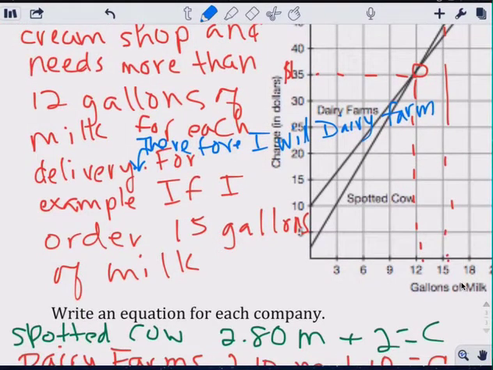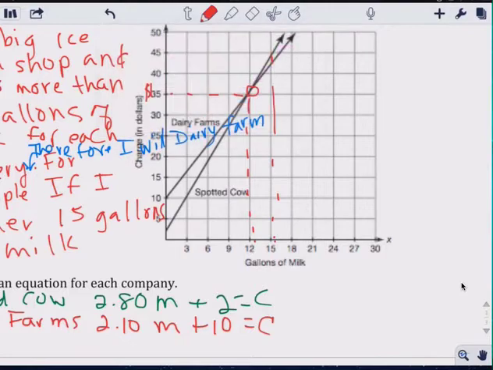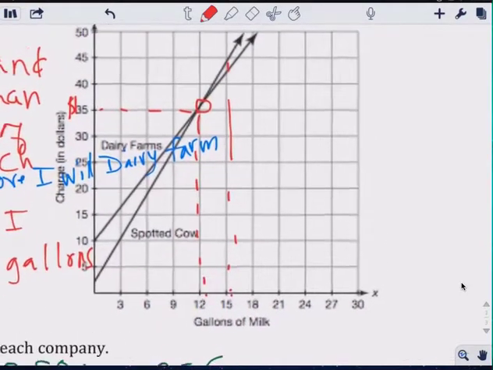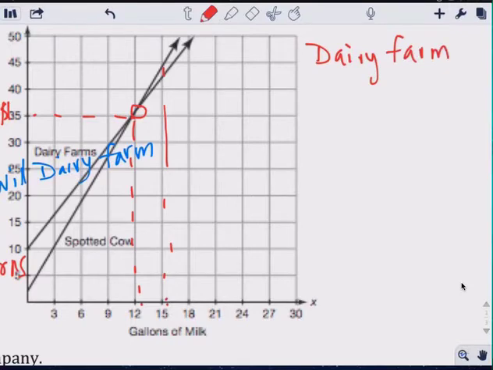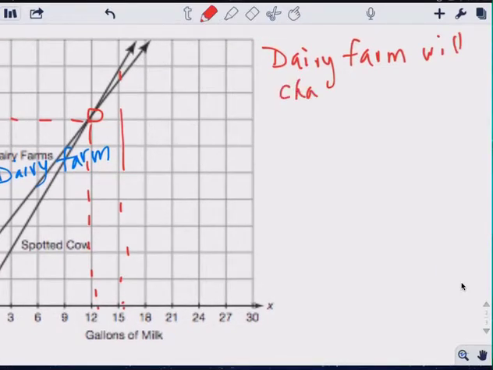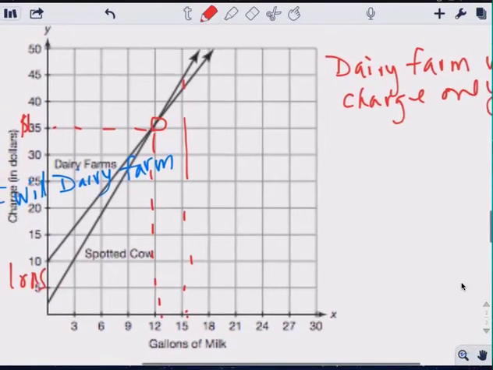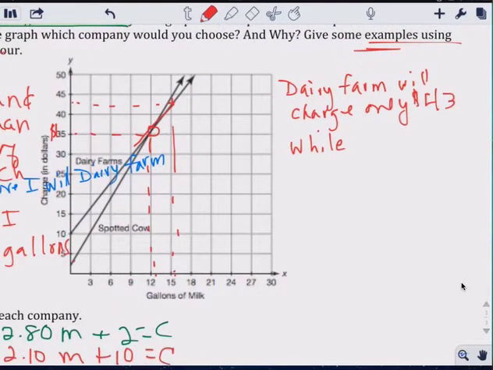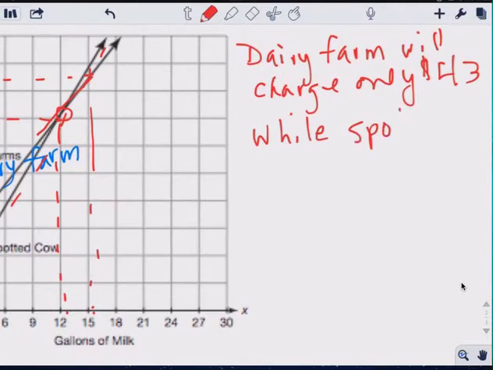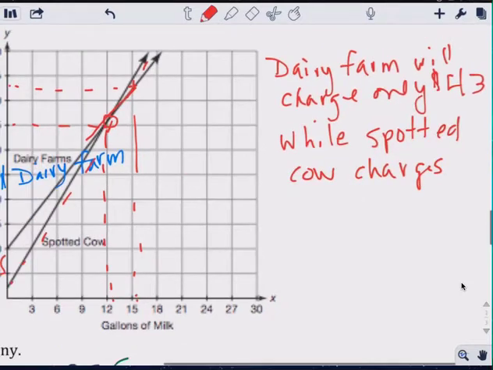For example, if I ordered 15 gallons of milk, Dairy Farm will charge only, let's see, let's say $43, while Spotted Cow charges $45.